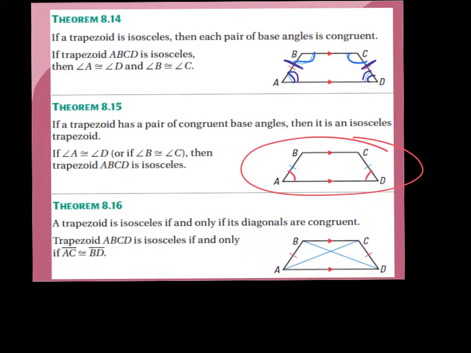And then the last one, a trapezoid is isosceles if and only if its diagonals are congruent. So if AC equals BD, then this is an isosceles trapezoid. And if it's an isosceles trapezoid, then AC equals BD.